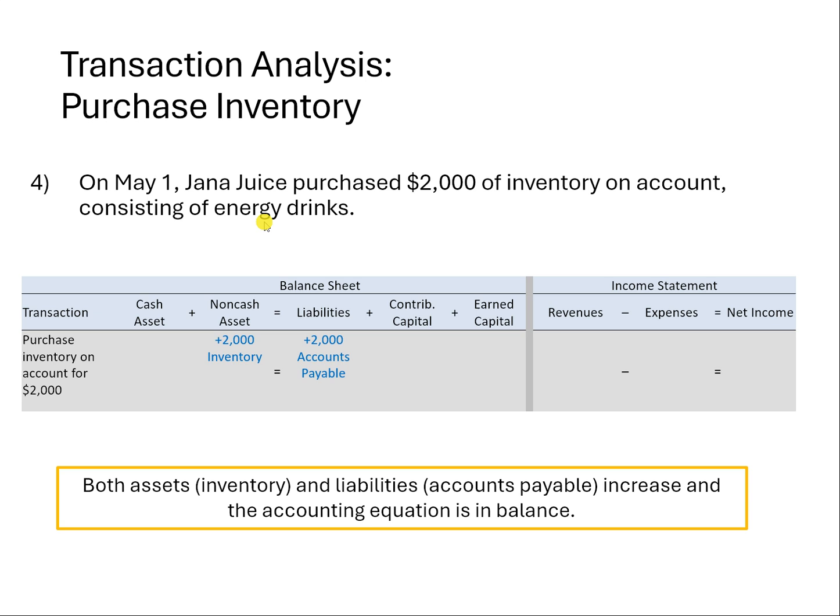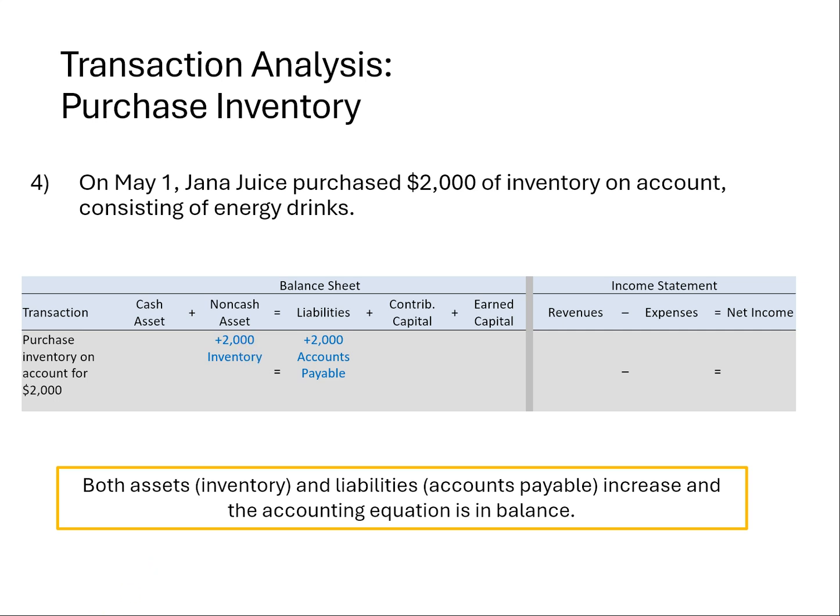Lastly, the company purchased $2,000 of inventory on account. When we purchase inventory on account, we're going to pay the vendor later. So inventory will increase by $2,000. At the same time, the liability, accounts payable, will increase by $2,000.